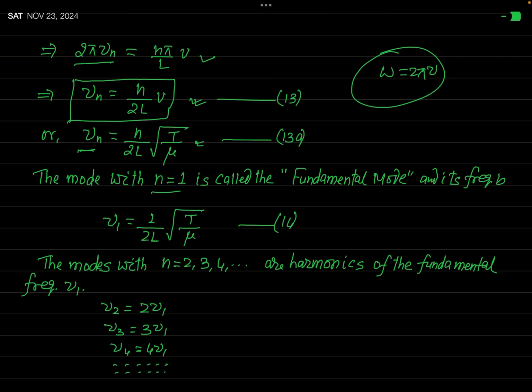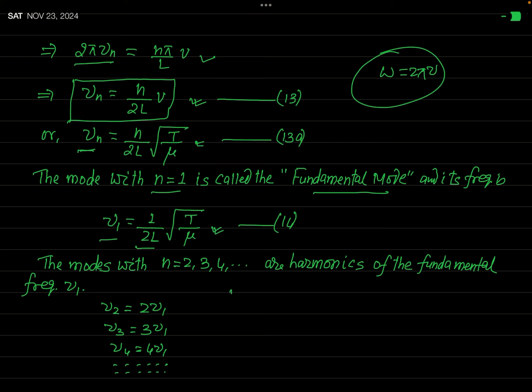That least frequency of vibration of a string is called the fundamental frequency, and the mode of vibration of the string in that condition is called the fundamental mode. So when the string vibrates in its fundamental mode, its lowest mode, the frequency is given by nu 1 equal to 1 over 2L times the square root of T over mu.